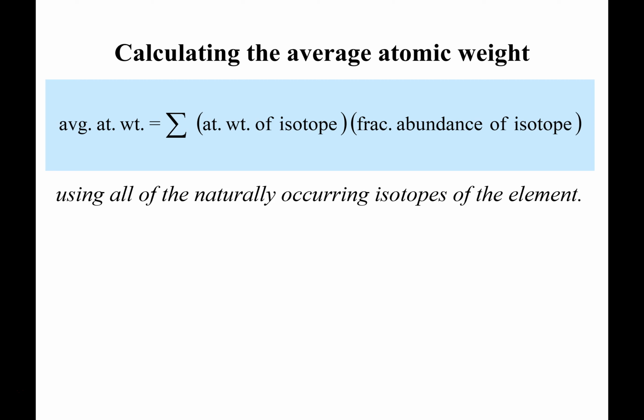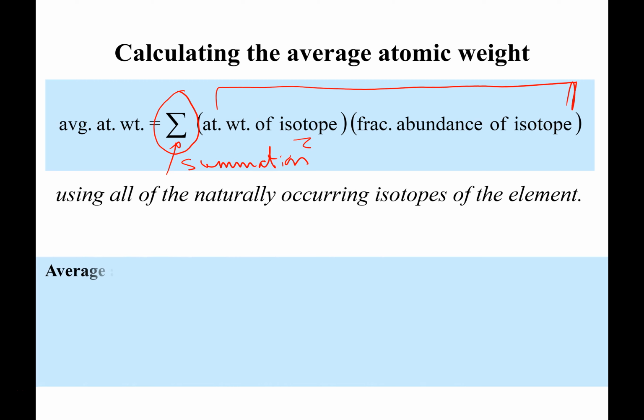Anytime you see this Greek letter sigma in math, it means summation. It looks like an E. What are we going to sum? For each isotope, we multiply how much it weighs times its fractional abundance, and I'll show you how we get to fractional abundance from percent abundance. And we add them together. So it looks like this.